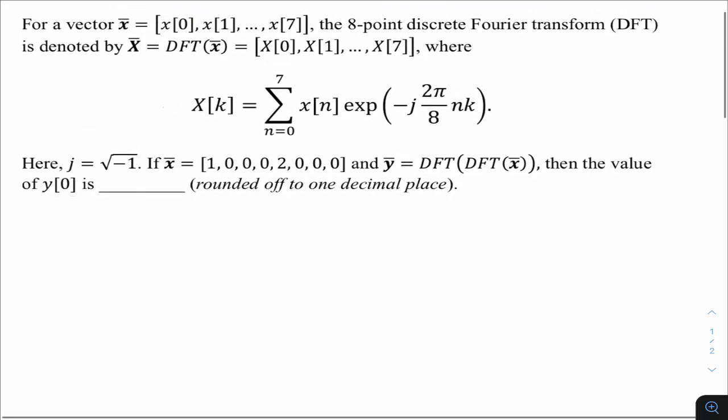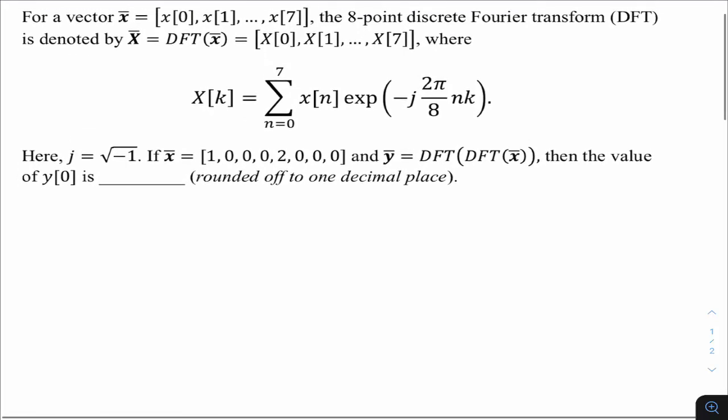Then it says if x bar is 1, 0, 0, 0, 2, 0, 0, 0, and y bar is DFT of x bar, then the value of y of 0 is dash, rounded up to 1 decimal place.